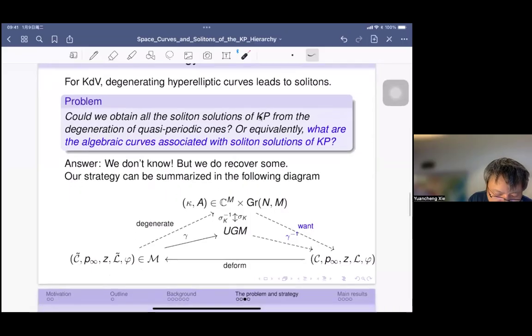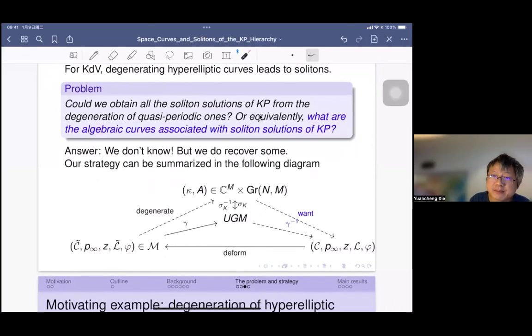So in the 1970s, we already had some examples. For example, we can degenerate the algebraic curve associated with the KdV, that's a hyperelliptical curve, to some rational curves, and then we obtain soliton solutions.